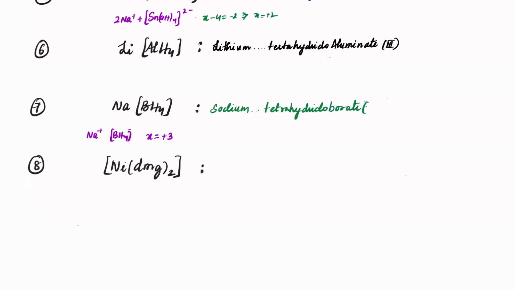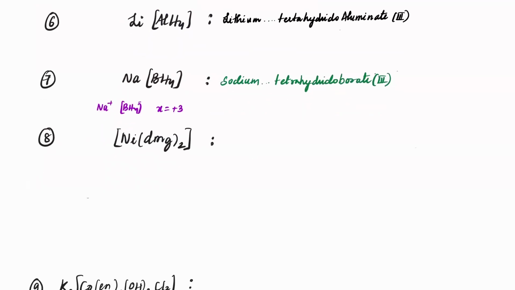Borate, oxidation state plus 3. Nickel DMG has 0 oxidation state. Nickel, if the oxidation state is x, plus 2 times DMG, which possesses minus 1 charge, overall equal to 0. So this is equal to plus 2 oxidation state.